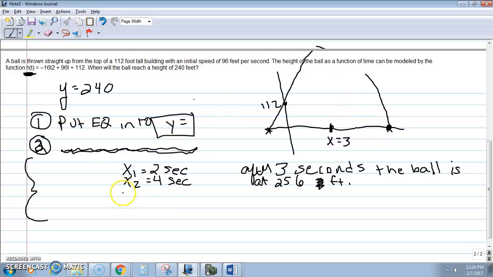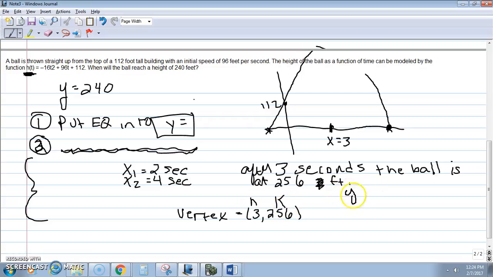What I can tell you is I can rewrite this in vertex form because I know my vertex. So if my vertex, which is my maximum value in this case, is 3 comma 256, remember this is h, this is k.